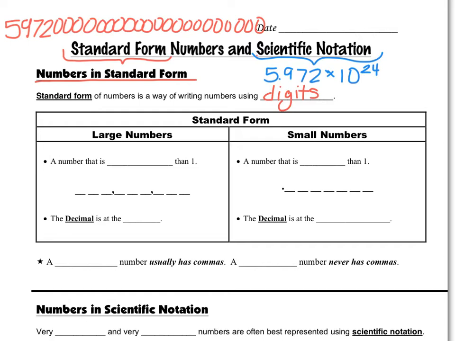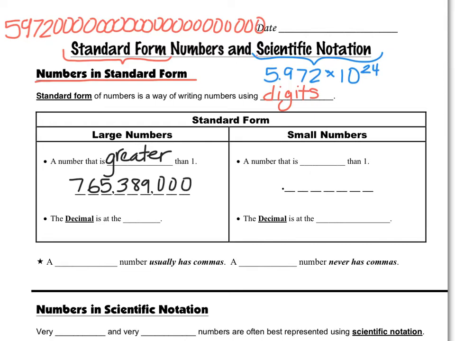In this case, the mass of planet Earth would be a really large number. So it is a number that is greater than 1. For example, let's say we have 765,389,000.